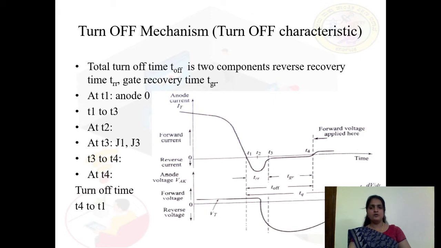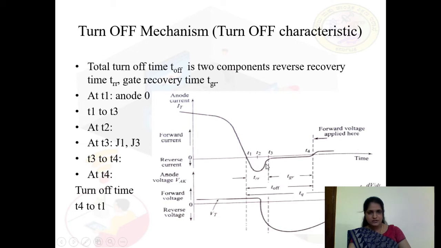At the instant T1, the anode current becomes completely zero. In the interval T1 to T3, the anode current flows in the reverse direction; this is the indication of reverse current.